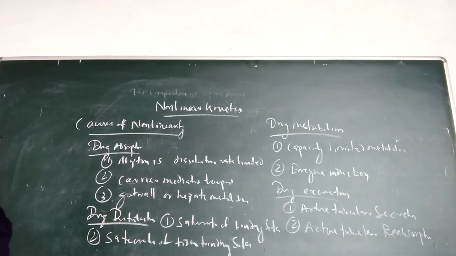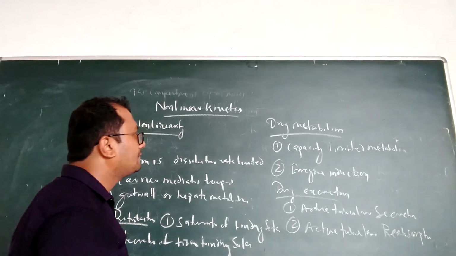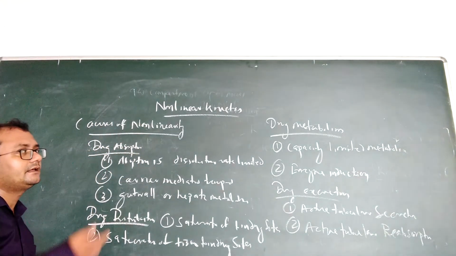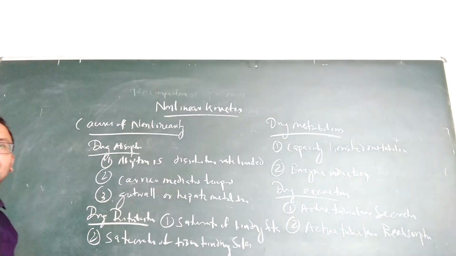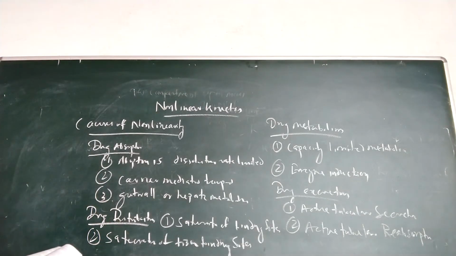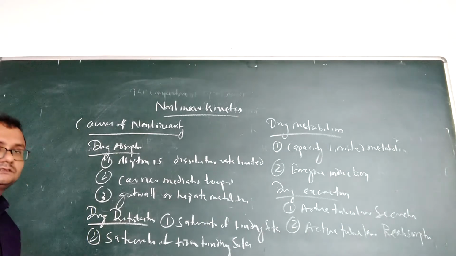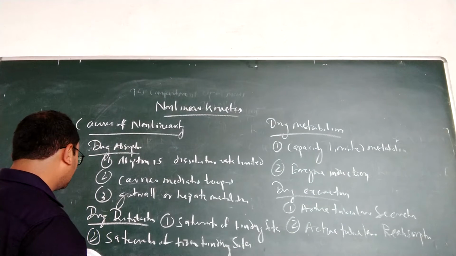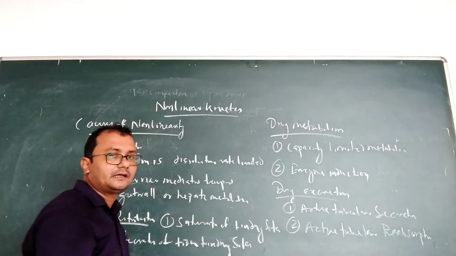Next one, drug metabolism. Due to drug metabolism we can also see non-linearity. Your first one is capacity limited metabolism. Capacity limited metabolism means saturation of enzymes or cofactors, as with phenytoin, alcohol and theophylline. Then enzyme induction, which is also known as auto induction.